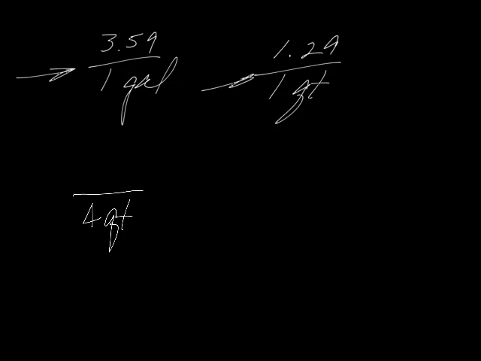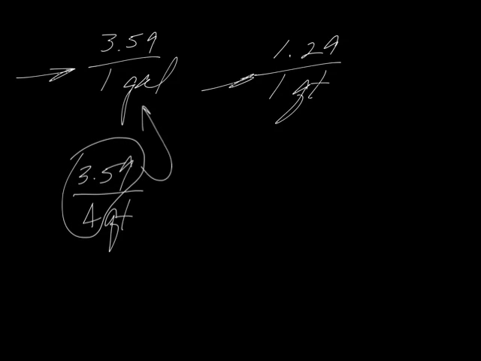Then it's similar to that, it's got the quart on the bottom. And again, it's $3.59. Now if I take $3.59 divided by 4, I will find out how much this milk is per quart and which one is the better deal.